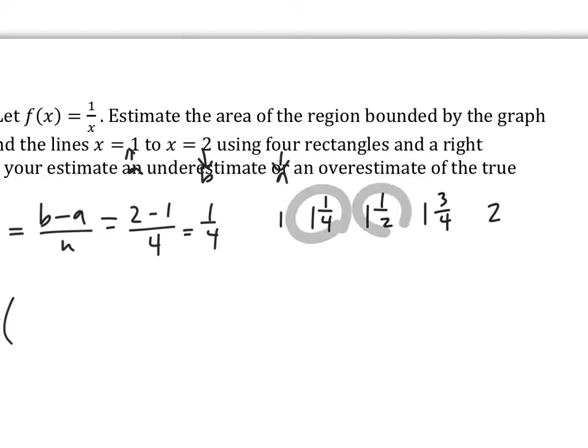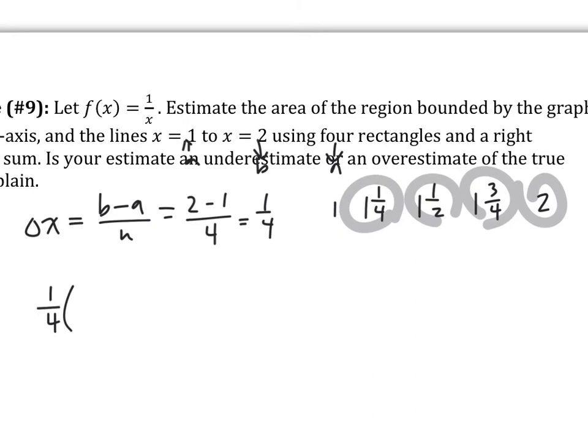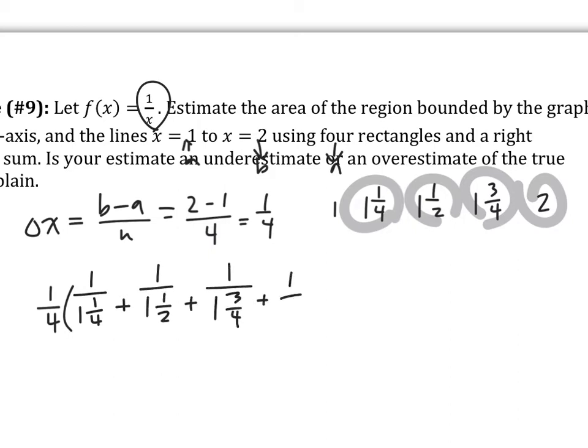So you want the right hand side. Okay, plugging all those numbers into f of x. So 1 over 1 and 1/4 plus 1 over 1 and 1/2 plus 1 over 1 and 3/4 plus 1/2.